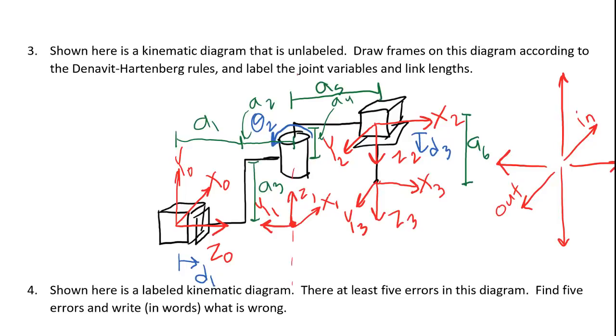The reason why is because the 0 frame represents the ground or the table or whatever it is that your first joint is fixed to. In your kit, this represents your board.